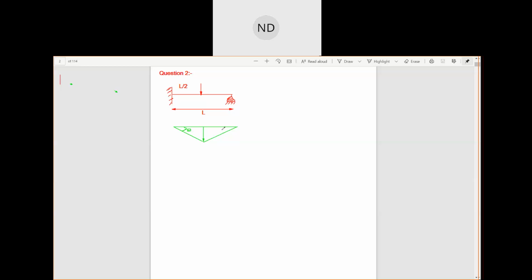Here also you will have theta. This is your delta. The deflection is given by delta. Okay. So after that, what is this angle?